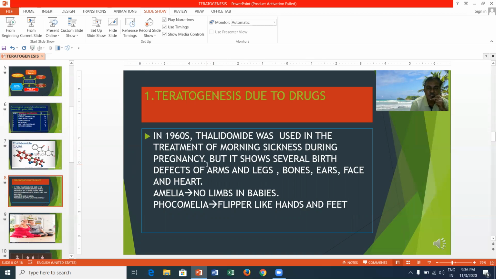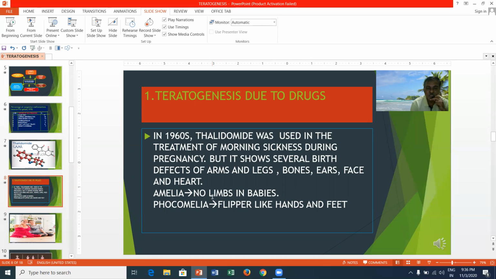Nearly 10,000 children were affected with this drastic drug, and it showed several birth defects: armless and legless babies. They show defects of arms and legs, bones, ears, face, and heart.